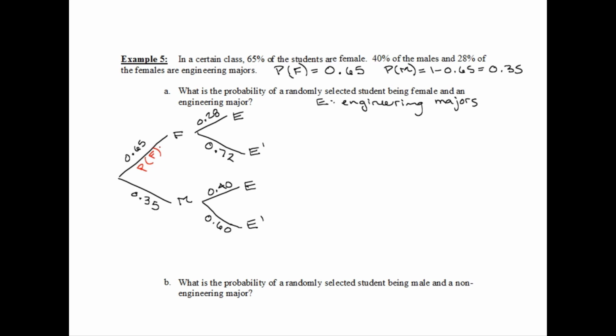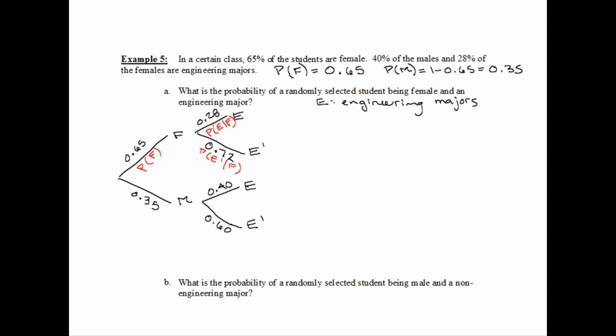Well, that 28% is just referring to the females. So this is equal to the probability of E given F. Here, the 0.72 is the probability of E complement given F.